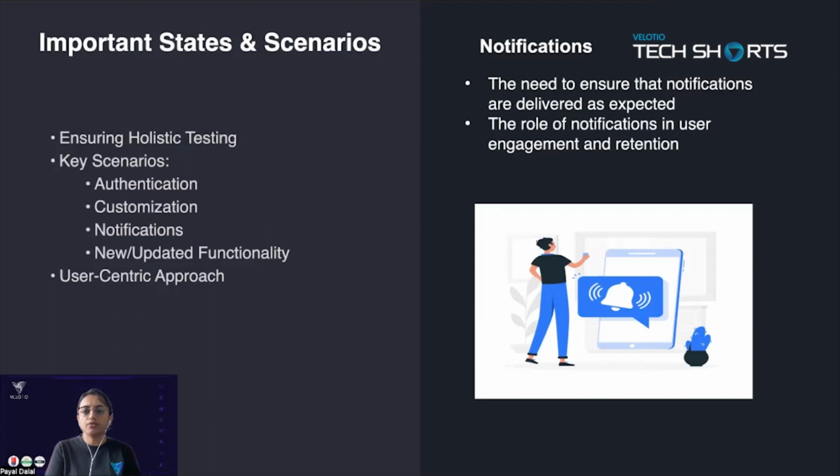Then such notification settings should be retained, and during the upgrade you should also check that you get those notifications. This is not just about push notifications, this is also about SMS notifications, and email notifications that you get for banking applications and other platforms like Paytm, etc.